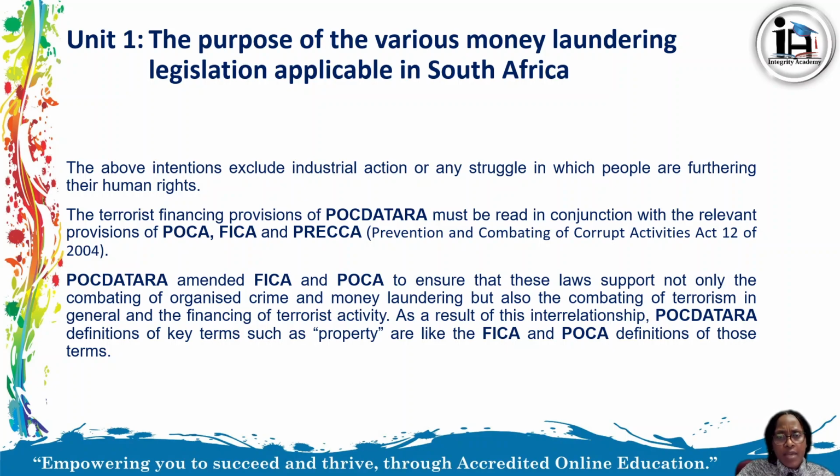POCDATARA amended FICA and POCA to ensure that these laws support not only the combating of organized crime and money laundering, but also the combating of terrorism in general and the financing of terrorist activities. As a result of this interrelationship, POCDATARA definitions of key terms such as property are like the FICA and POCA definitions of those items.